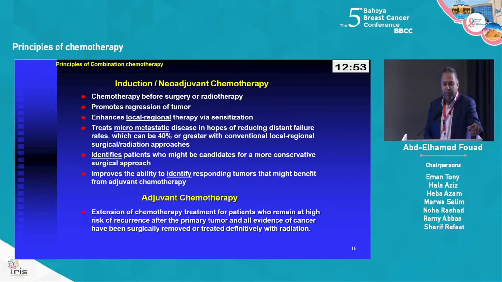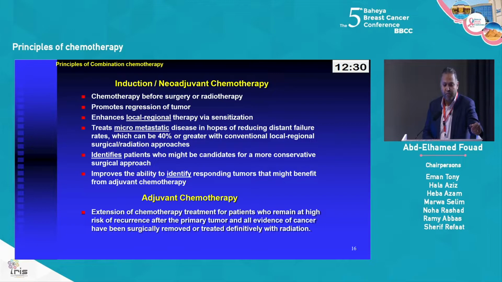The principle of induction or neoadjuvant chemotherapy, which is chemotherapy used before surgery or radiotherapy, is that it promotes regression of tumor cells, enhances local regional control via sensitization, and leads to eradication of micrometastasis, hence reducing distant failure rates.